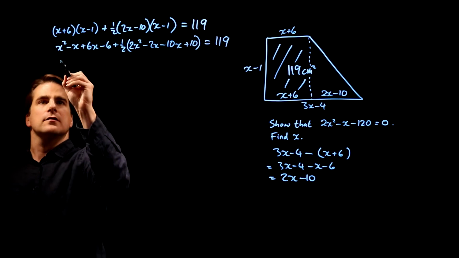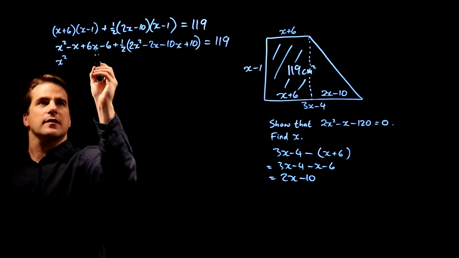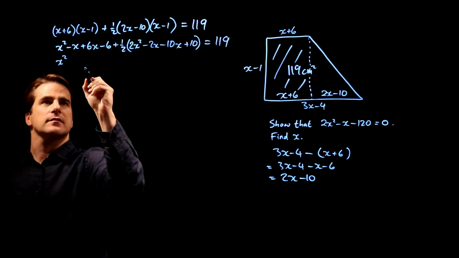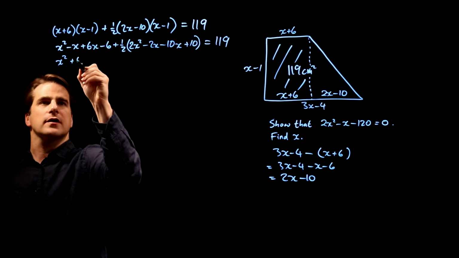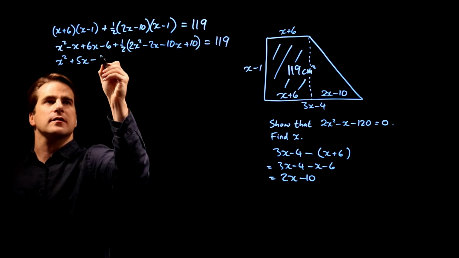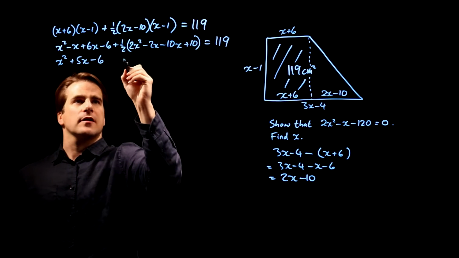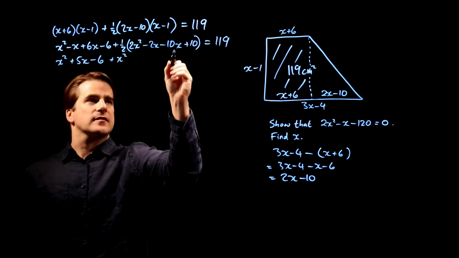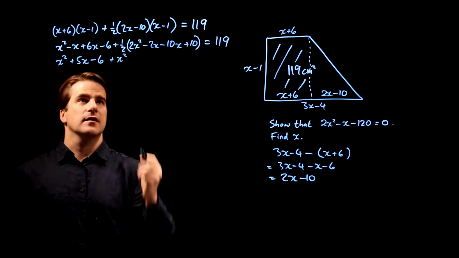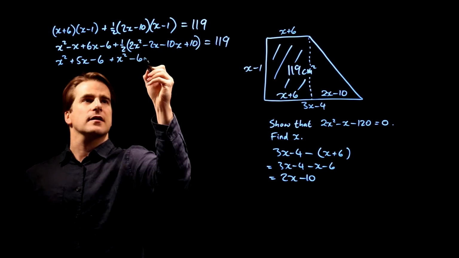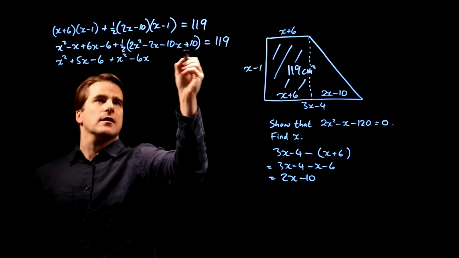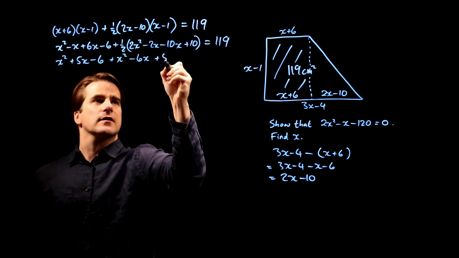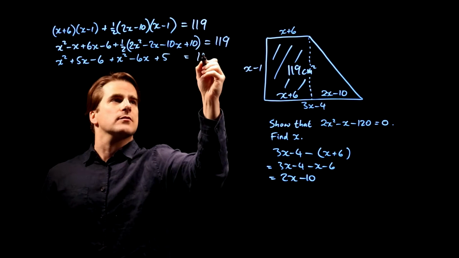Alright, so that gives us x squared minus x plus 6x is plus 5x minus 6. Plus half times 2x squared is just x squared. Minus 2x minus 10x is minus 12x. Half of that is minus 6x, and half of 10 is 5, equals 119.